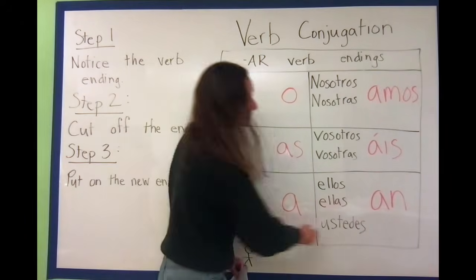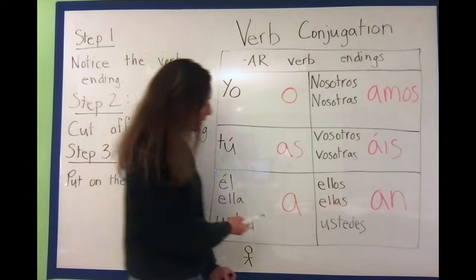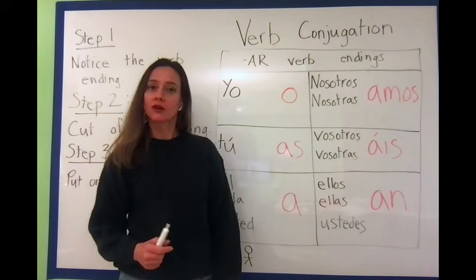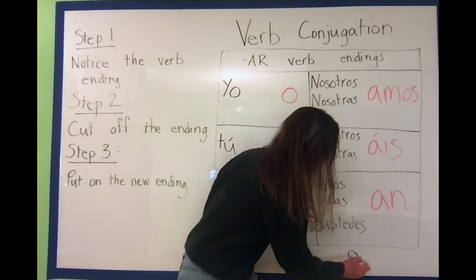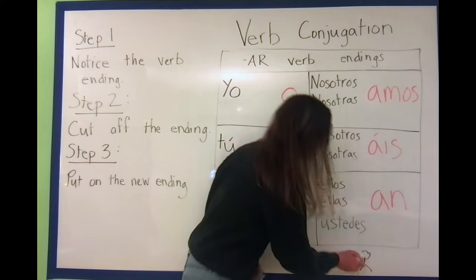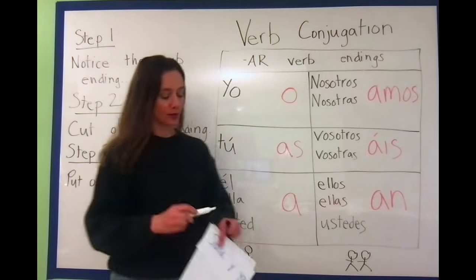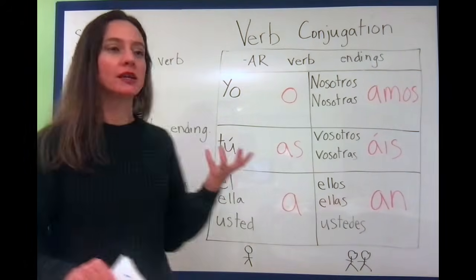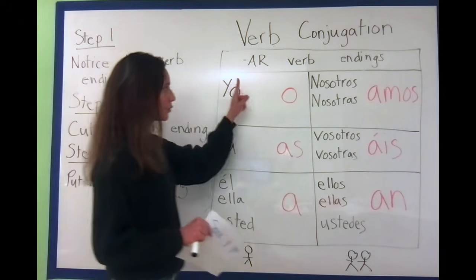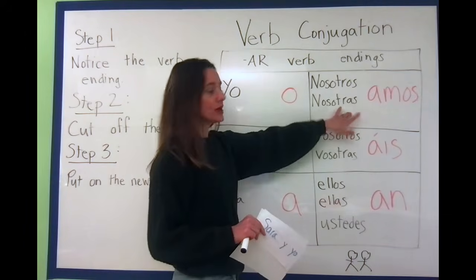If you add a second person, you are now going to be popping on over to the other side of the chart. This side of the chart all is talking about plural people, like it's more than one person. For example, the word nosotros, what does it mean? It means we. So if you have yourself and you add one more person, that's we.